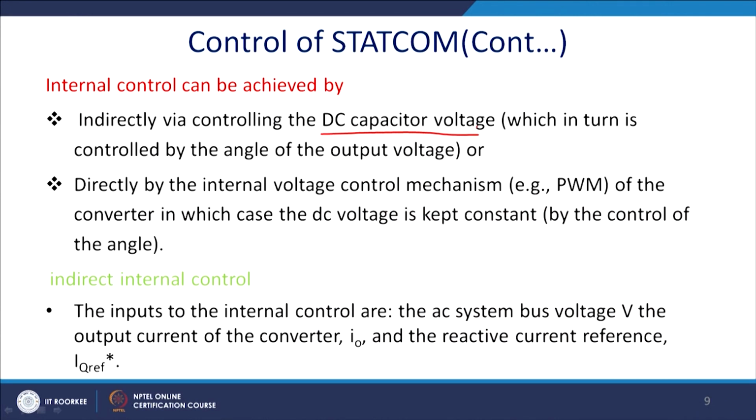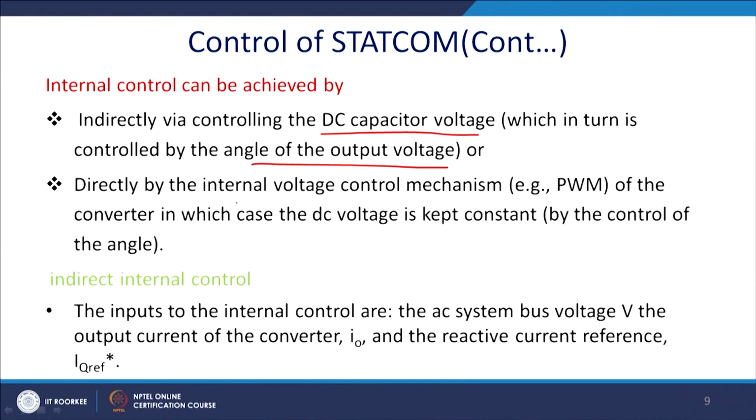Internal control can be achieved in the following ways. Indirectly, by controlling the DC capacitor voltage. You can change the DC capacitor voltage, but generally the DC capacitor voltage cannot be changed very fast because of its inertia, and thus in turn it is controlled by the angle of the output voltage.